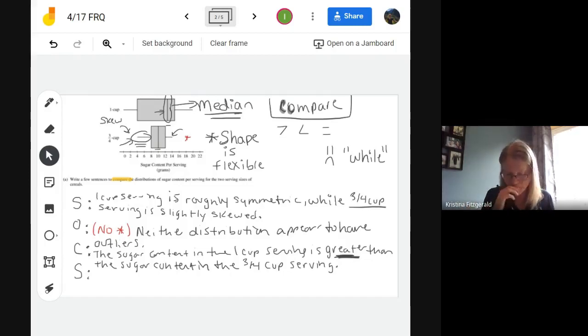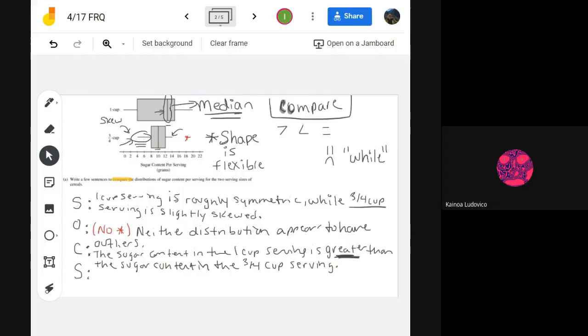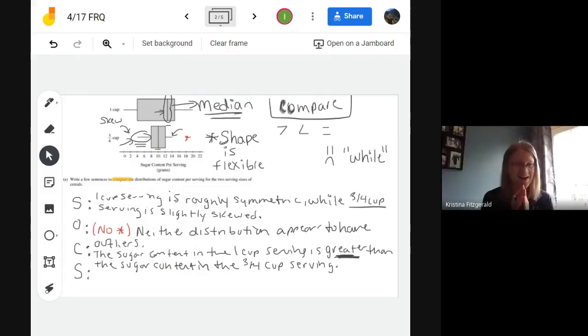Okay. Anyone remember how to do shape on a box plot? Yeah, we're looking at the IQR of the box. Basically, you just have to look for which box is wider. You don't even need to really remember IQR.